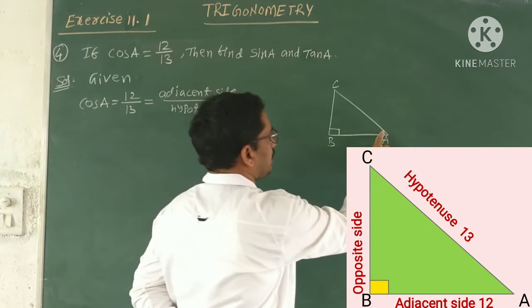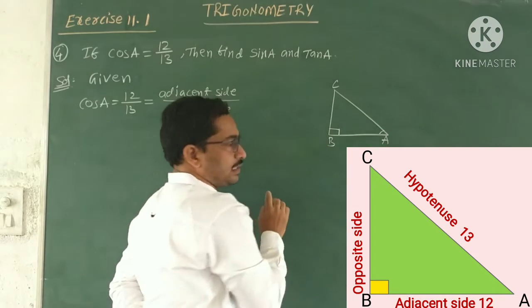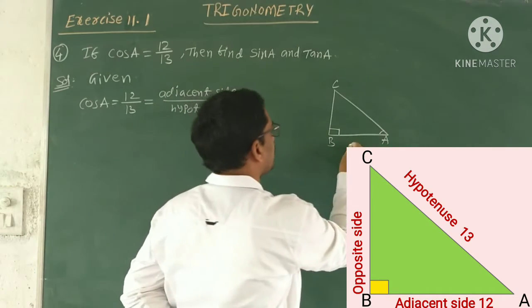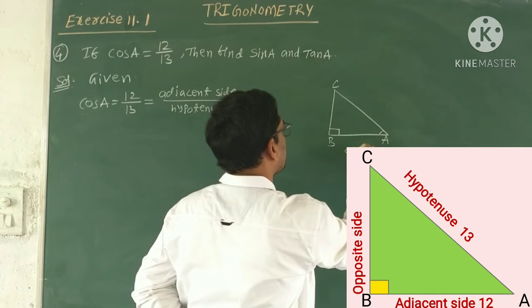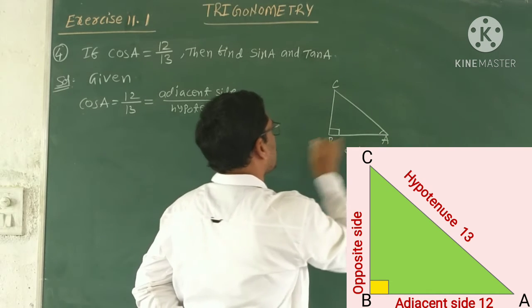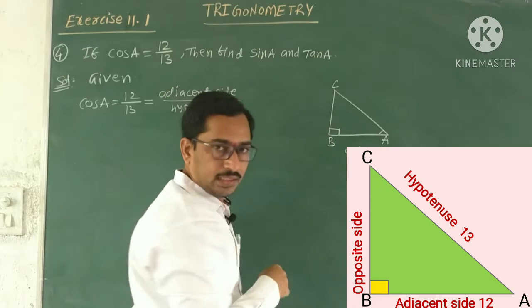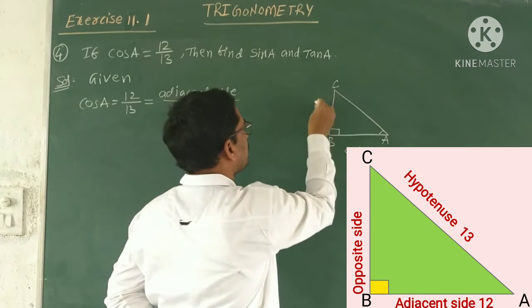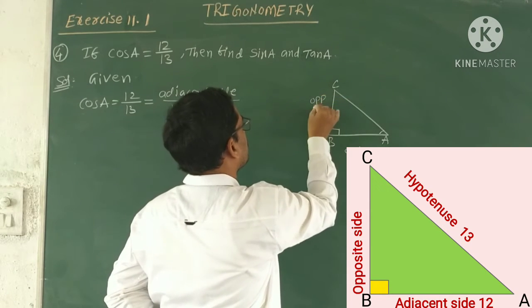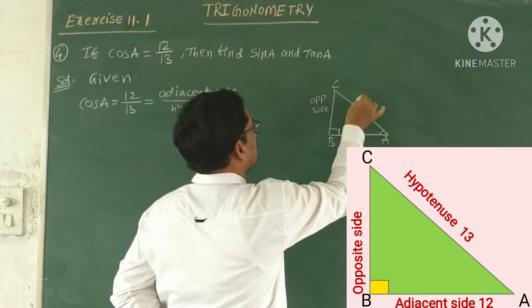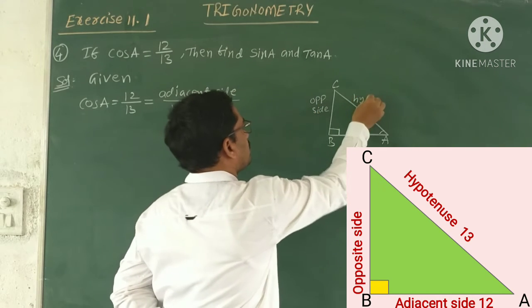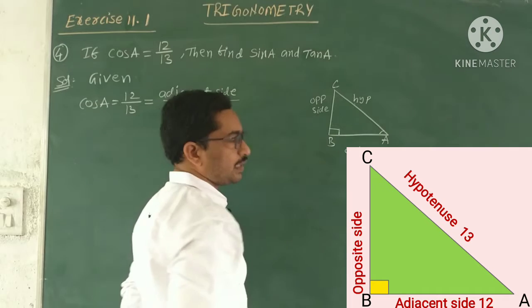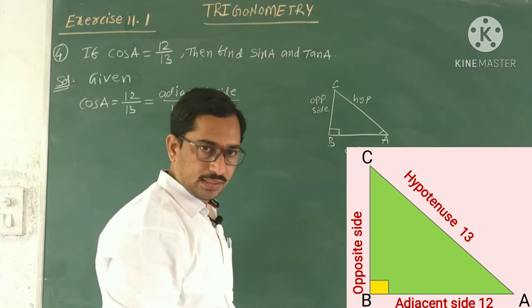With reference to angle A, the adjacent side is AB. With reference to angle A, the opposite side is BC. The longest side is always opposite to the right angle, so AC is the hypotenuse.